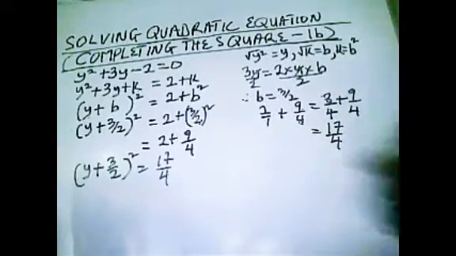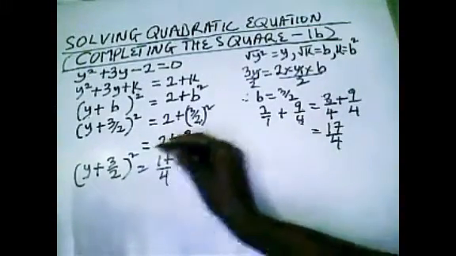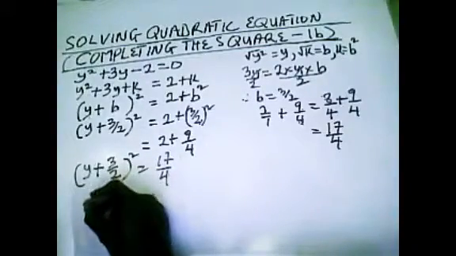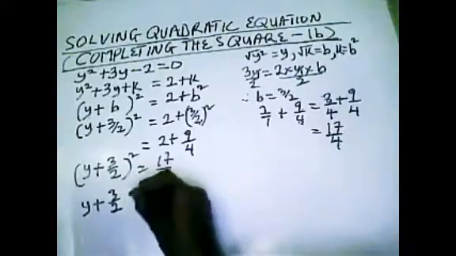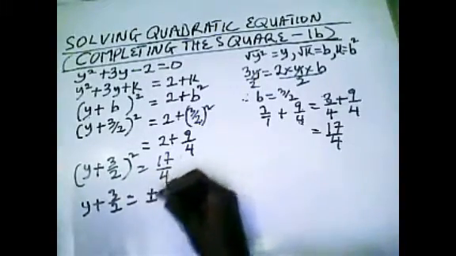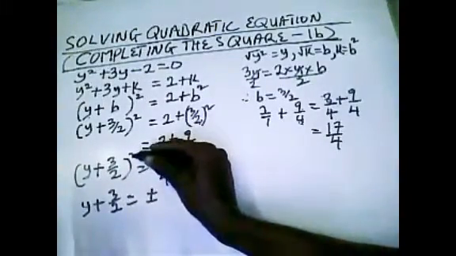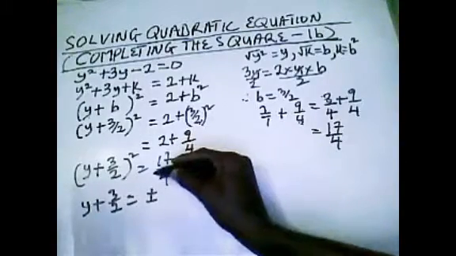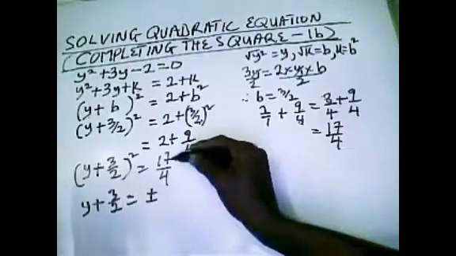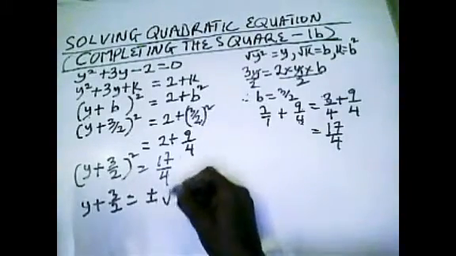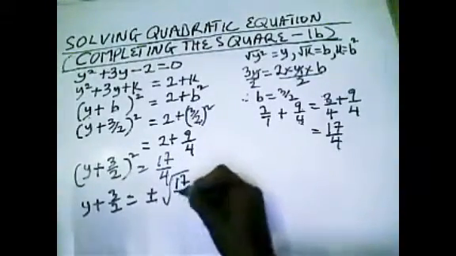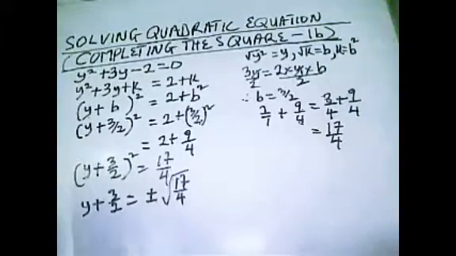Now finally, we are going to send this square to the other side as a root sign, and in doing that, y plus 3 upon 2 becomes plus or minus the square root of 17 upon 4. Once this square comes here, it becomes a root sign over the 17 and the 4, and we introduce our plus and minus.